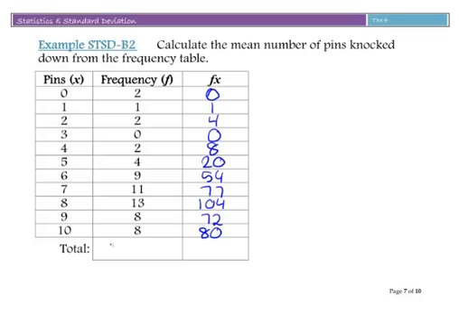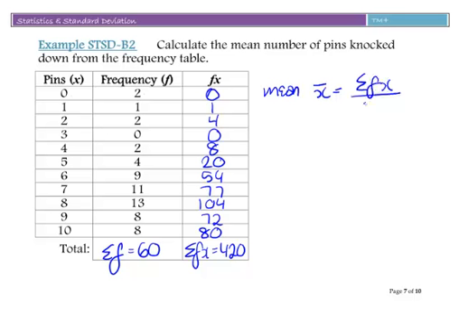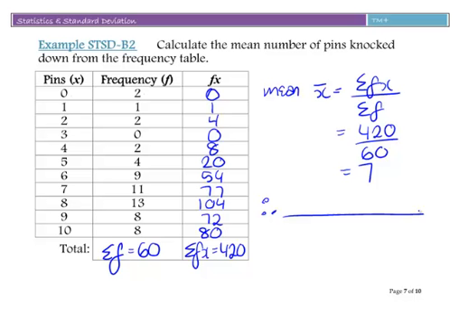We also need to sum up our frequencies, and if you add up all these numbers you get 60, and then sum up our fx column, which is 420. So the mean is given by the sum of our fx all over the sum of f. So that's 420 divided by 60, which is 7. Finish with a therefore statement. Therefore, the mean number of pins knocked down was 7.